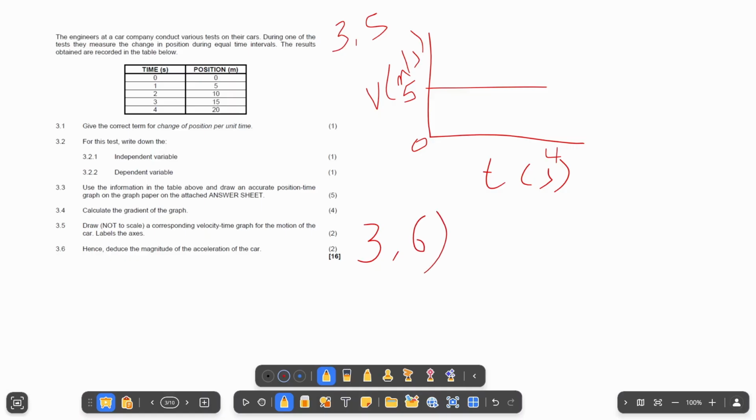If the velocity is not changing, like in this case of ours, acceleration is 0 meters per second squared. Why 0? There is no change in velocity. And if there is no change in velocity, it means the acceleration is 0.